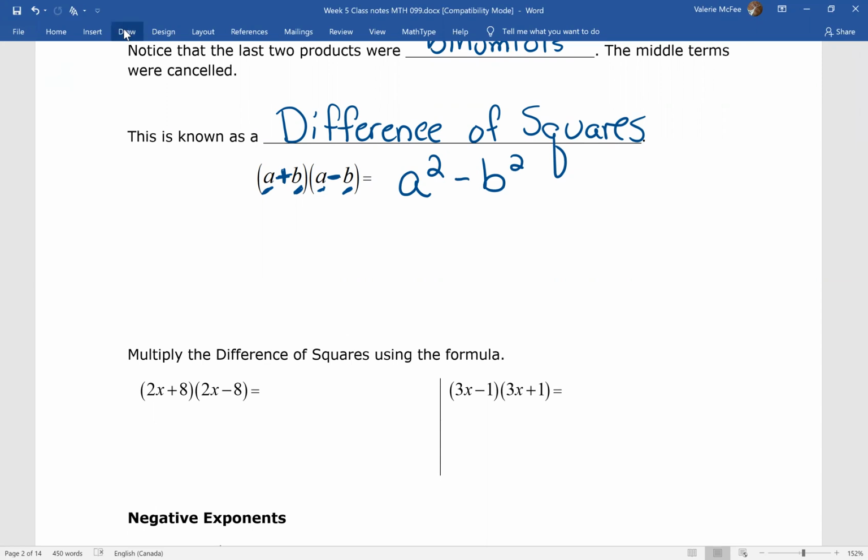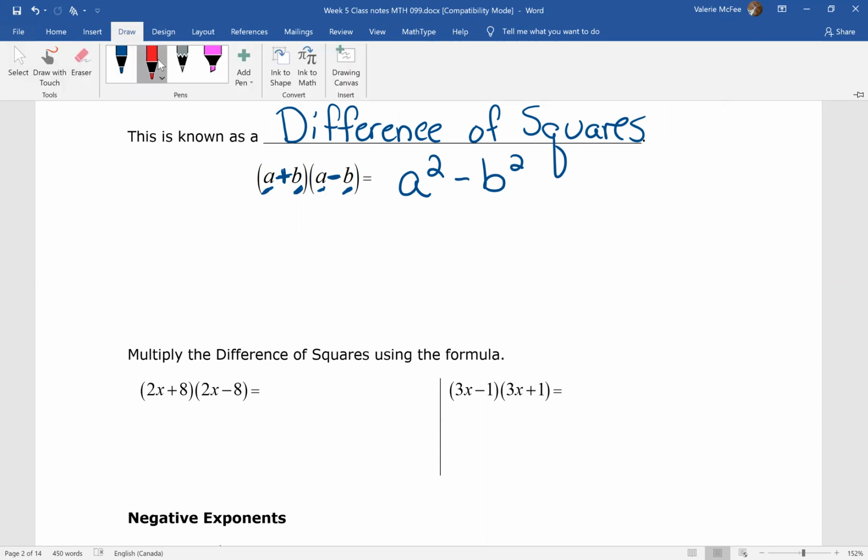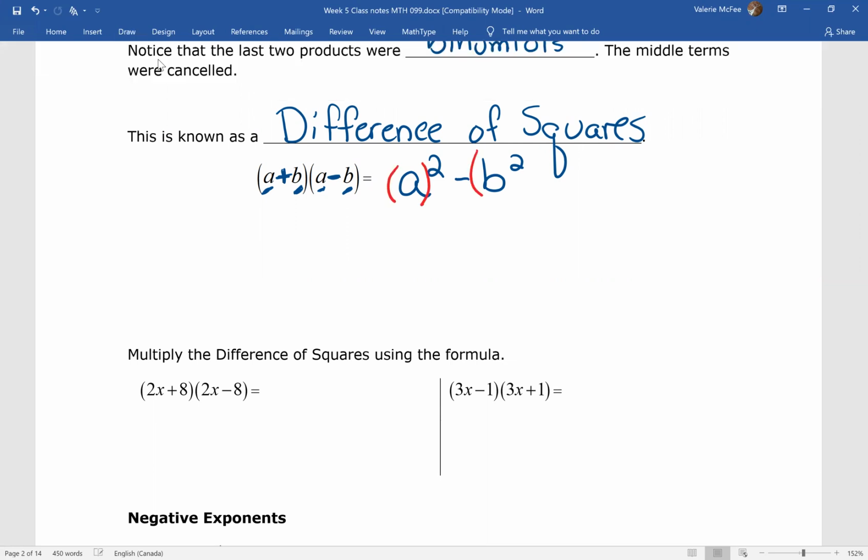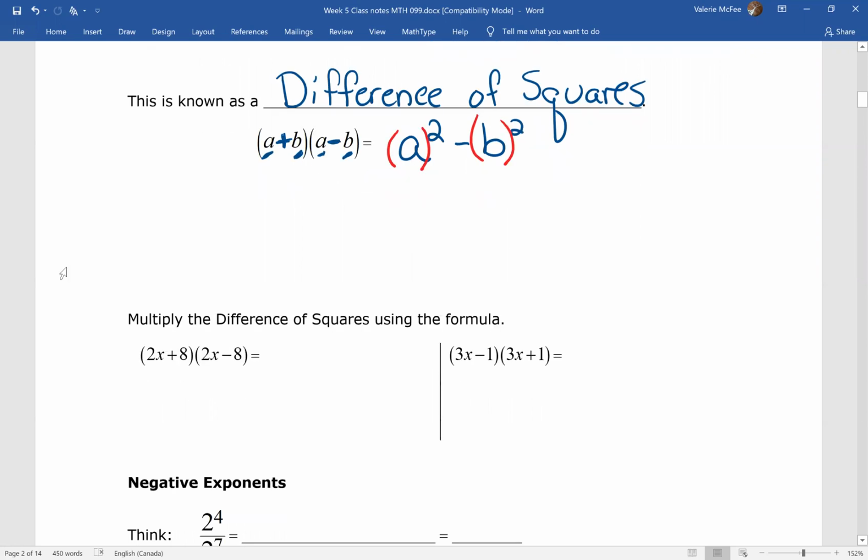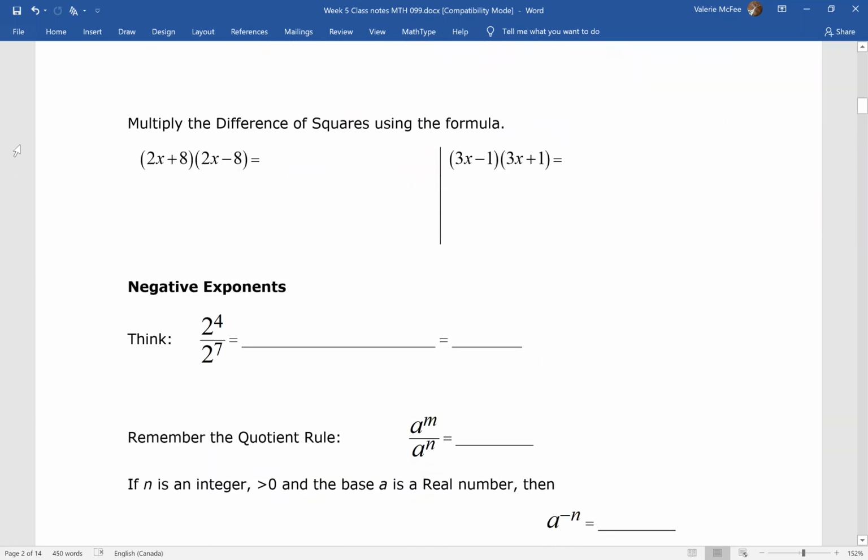And in fact, I'm going to suggest to you that we use brackets, a squared minus b squared. That's just to prevent some common mistakes we see happening. Let's multiply these using that formula. You see we have a plus b times a minus b.